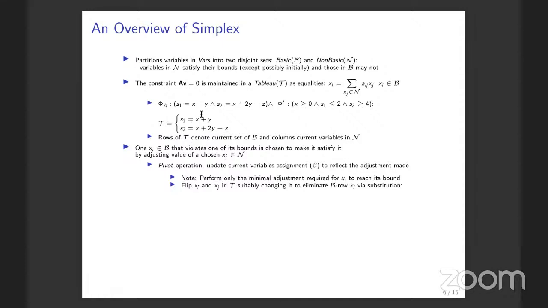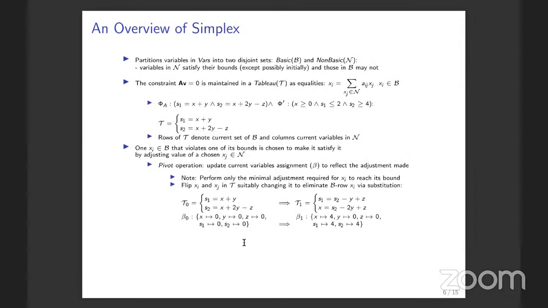And when you flip it, you will have to eliminate, in this case, x, if you had chosen x. The pivot operation also includes changing this tableau by eliminating the one that you moved.